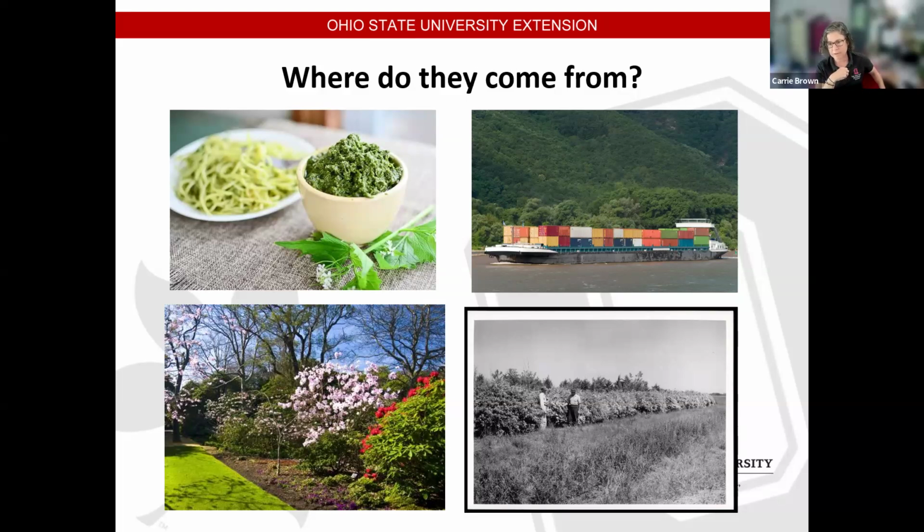The bottom right picture that you see, I took from a brochure that the USDA put out, I believe in the 50s. Some of you may be familiar with multiflora rose. Multiflora rose is a regulated invasive species, meaning that it is illegal to buy, sell, or plant it.